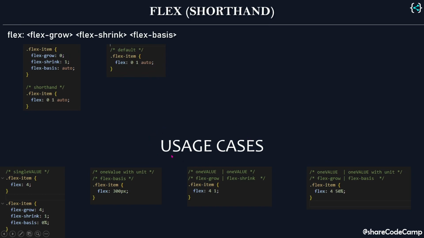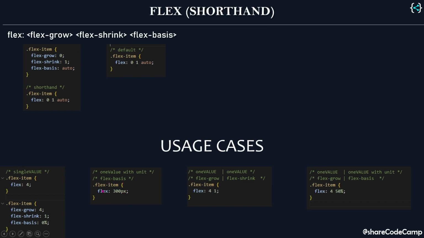The other usage cases: when you give a single unitless value, this means flex-grow is 4, and shrink by default is 1, and then basis is going to be 0%, not auto. If you use one value with a unit, like 300 pixels or 4rem, whatever you want, it will know that you are talking about flex-basis.